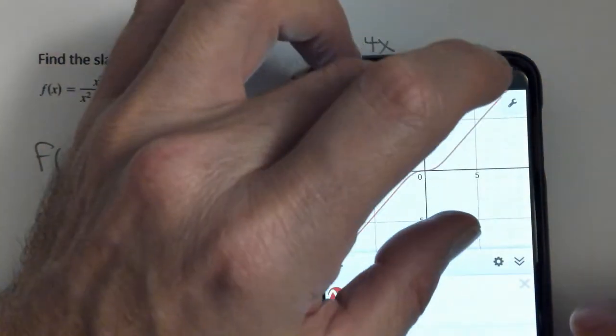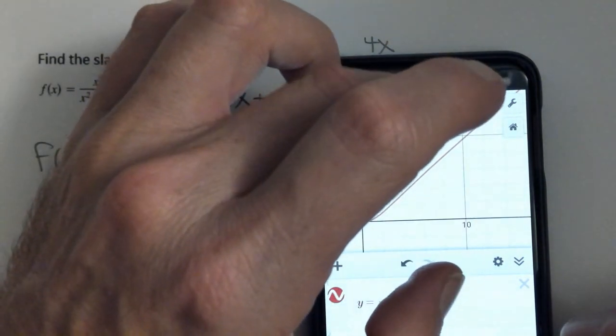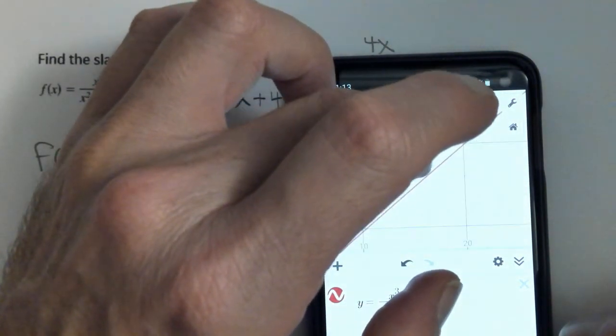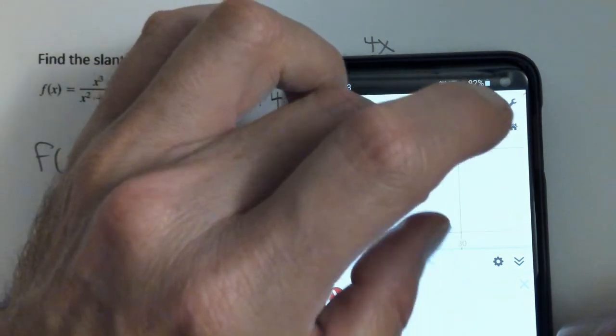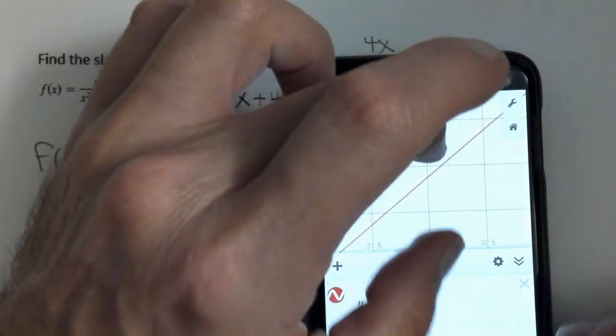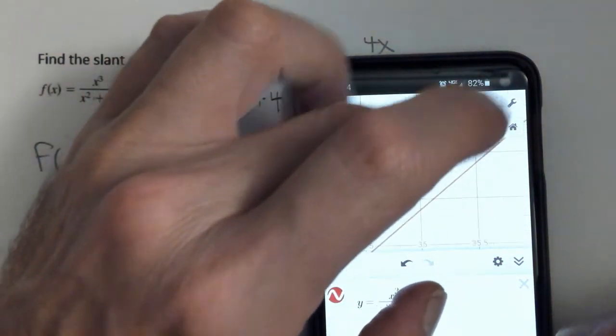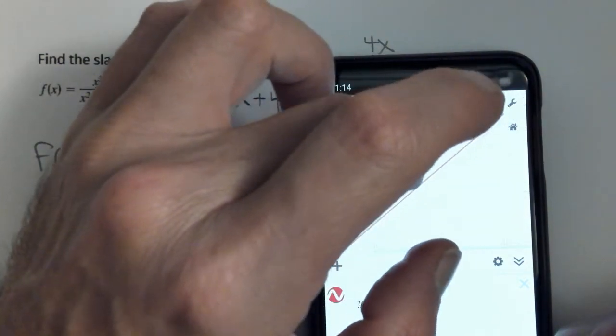And y equals x is easy to follow on this graph because it's just going to be those corners every time. And the further you go out, the closer and closer to that corner it gets without actually ever getting there. Everybody see that? So y equals x is going to be your asymptote here.